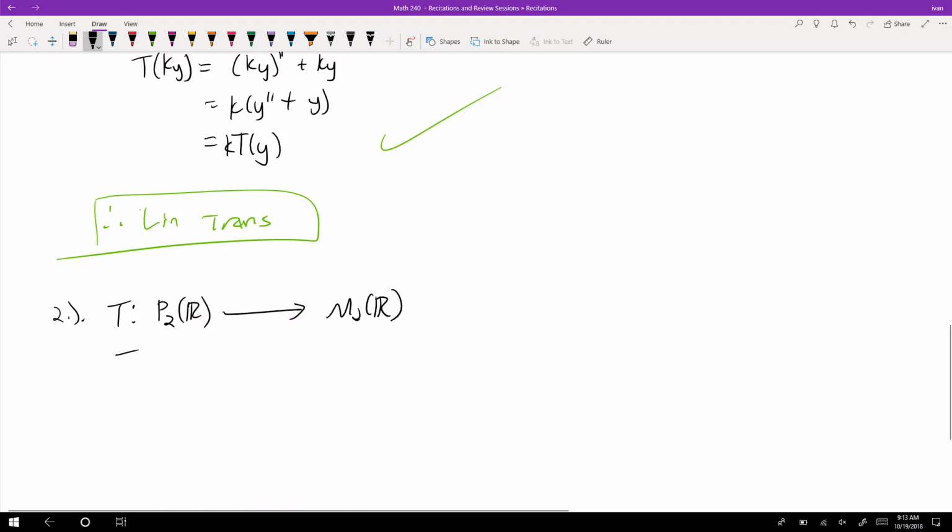And what is the map? Well, it takes ax squared plus bx plus c, and it feeds that into this matrix [a, b; c, 0].